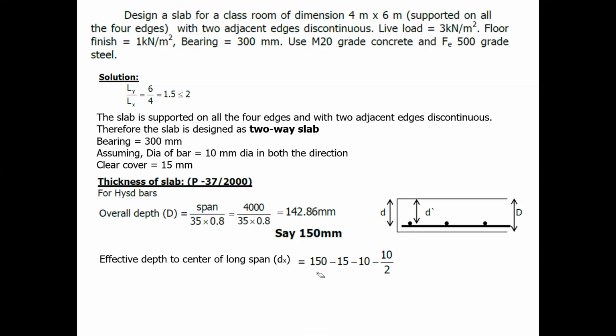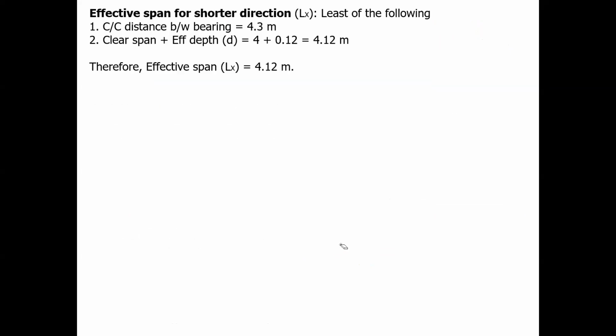So that is overall depth minus clear cover minus dia minus half of the dia. You'll get 120.